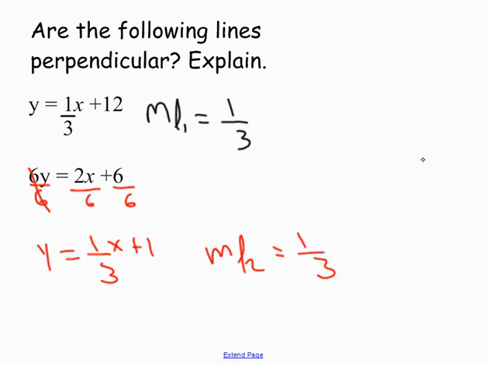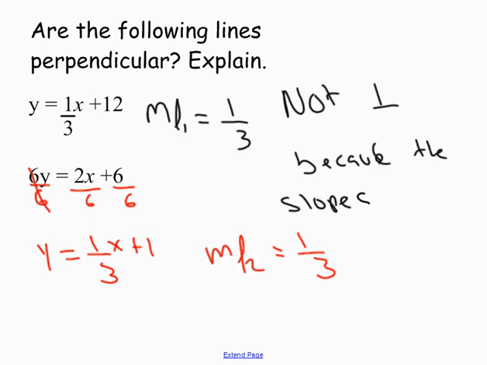Are these lines perpendicular? They are not perpendicular, because the slopes are not negative reciprocals.